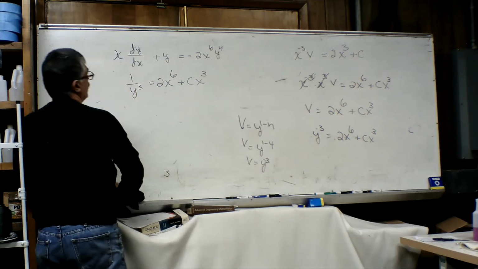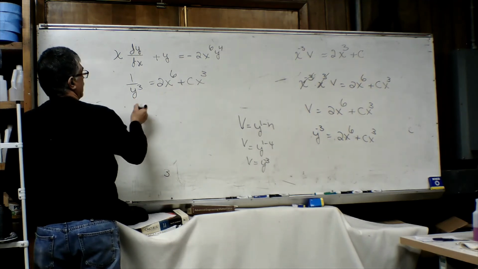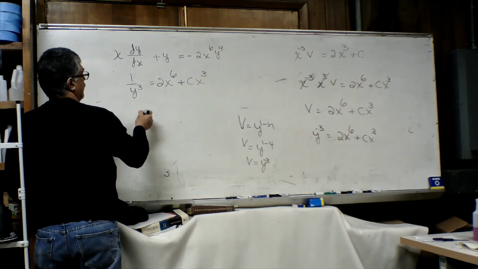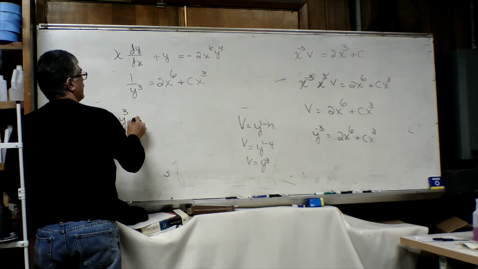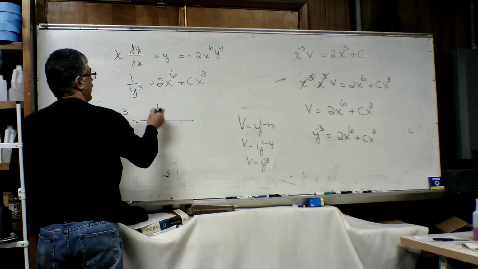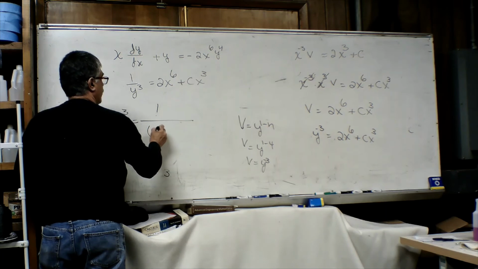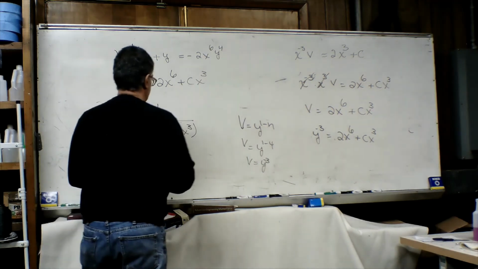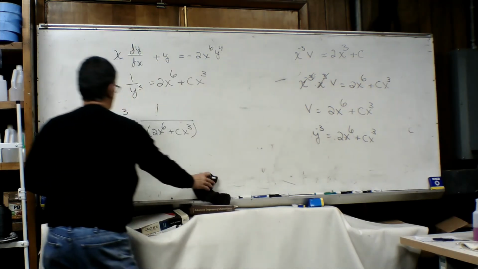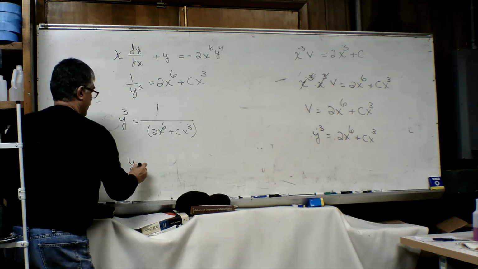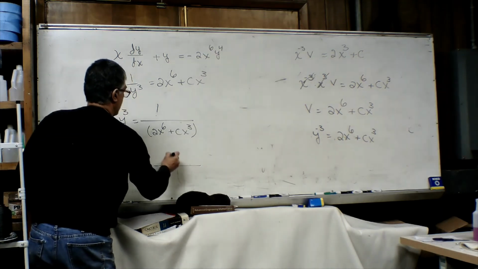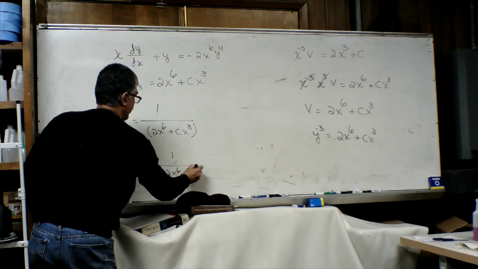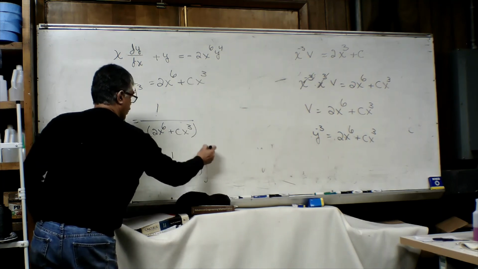So this is our solution, or we can write y to power 3 is equal to 1 divided by 2x to power 6 plus c x to power 3, or y is equal to 1 over 2x to power 6 plus c x to power 3, all to power 1/3.